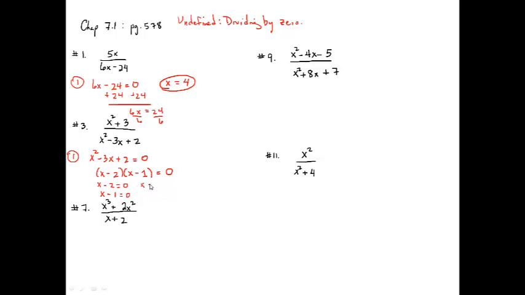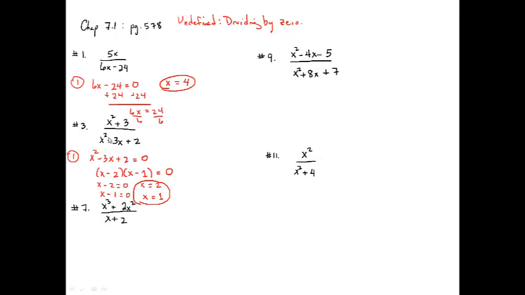Great. So that comes out to be x equals 2, x equals 1. And that's your final answer. If you plug 2 back into the original rational expression, you'll get 0 in your denominator. Let's check that real quick. I got it. Good. If you plug 1 in, you get 0. Great.